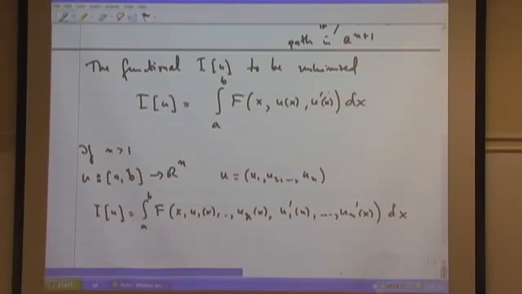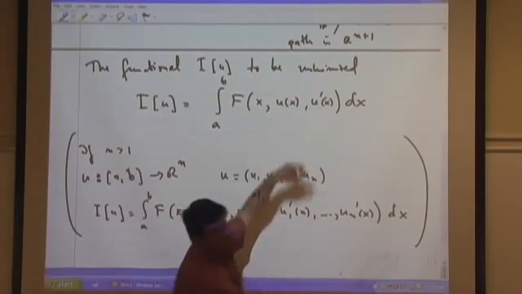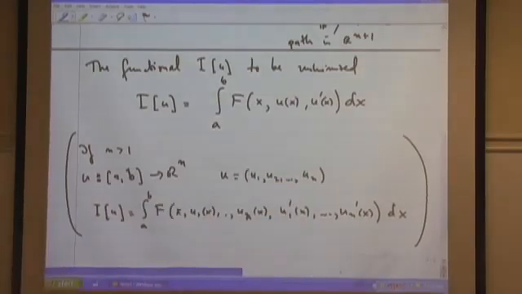Okay, so that's what you could have. We're going to always write the function like this, but we may think of u as being vector or scalar.